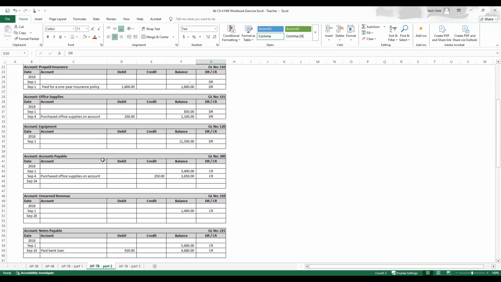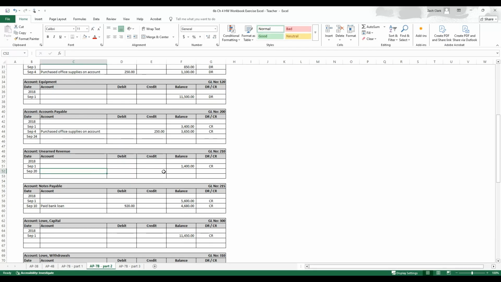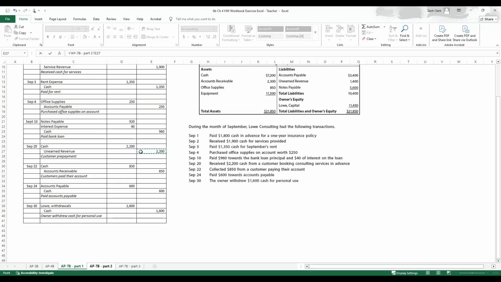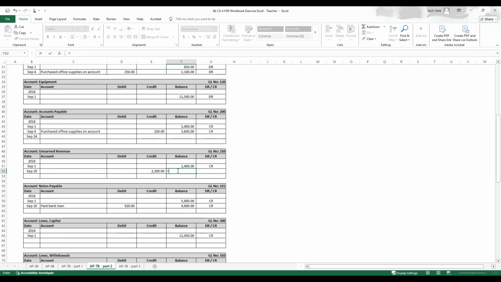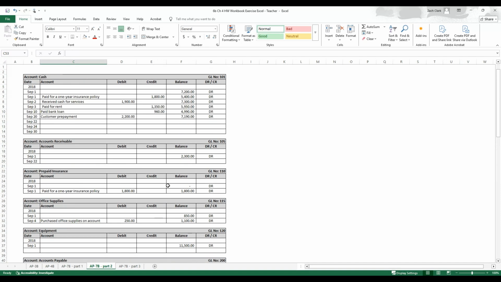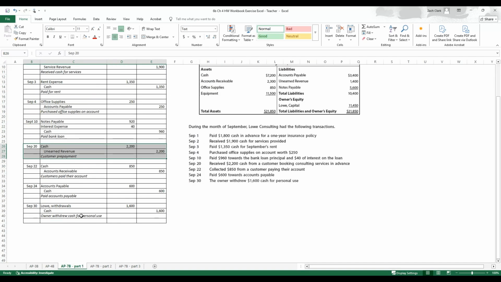And we need to find the unearned revenue liability, and that was a credit. And we've now increased that liability. And let's put our explanation in. Okay, so I think we got both sides there.